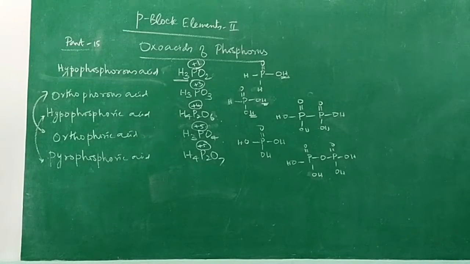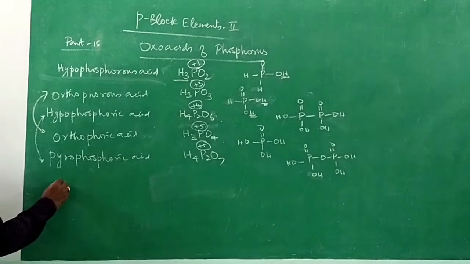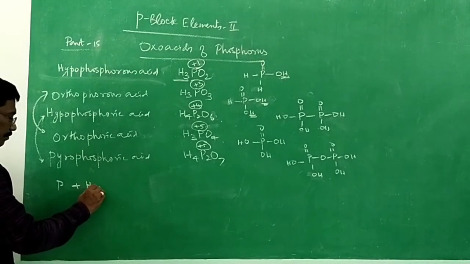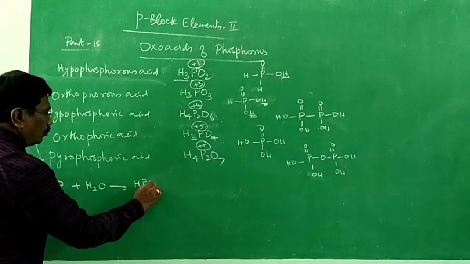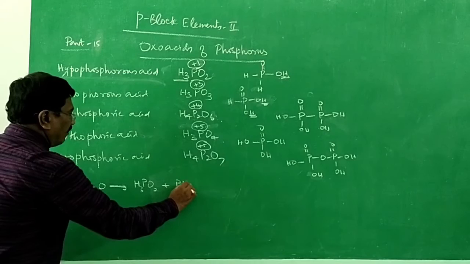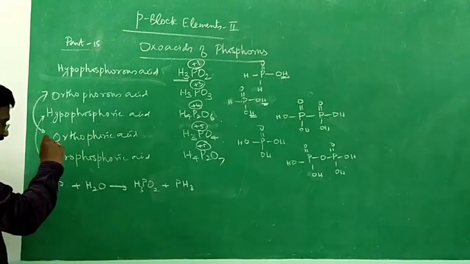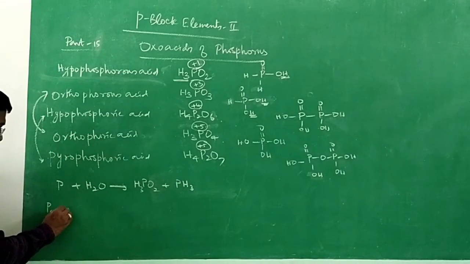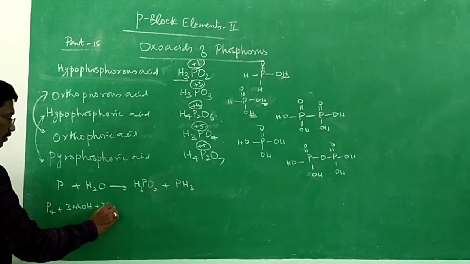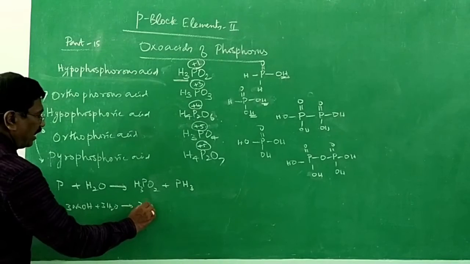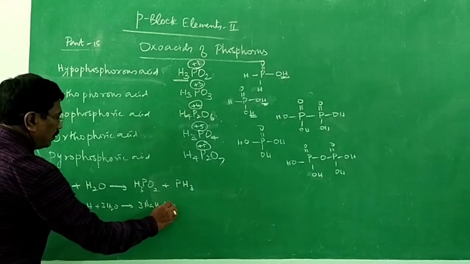Hydrolysis of phosphorus results in the formation of hypophosphorus acid H3PO2 and phosphine. For phosphine, again we can recollect this equation: P4 plus 3NaOH plus 3H2O gives 3NaH2PO2 plus PH3.